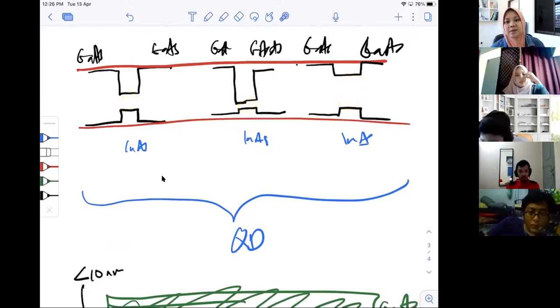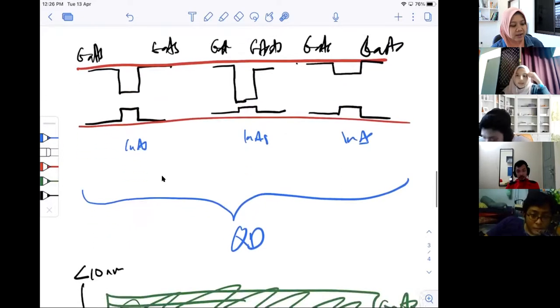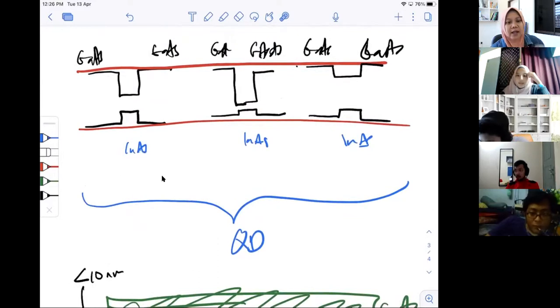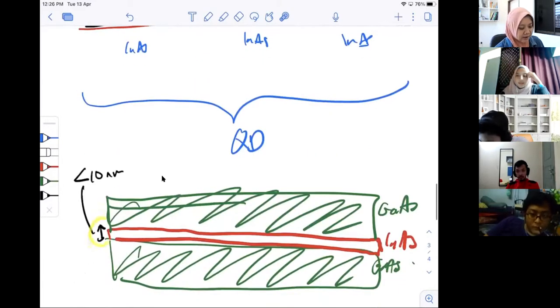So material sama, saya tak ubah apa material dia. Material still gallium arsenide dan indium arsenide, but because I change this thickness over here, the dot size will be different. Yang awak tengok dot tadi tu kan, yang kita belah dia nampak macam gunung tu kan, that size will be different depending on the thickness that we put here.